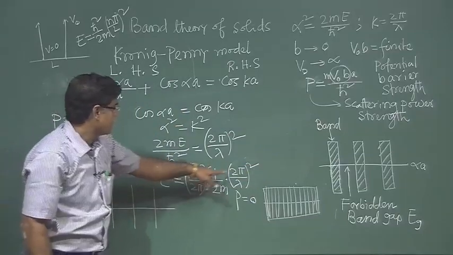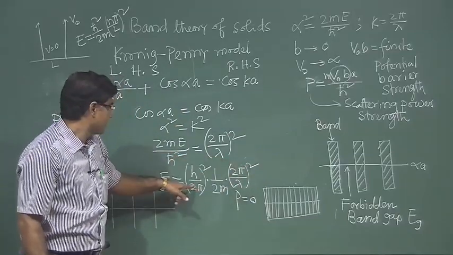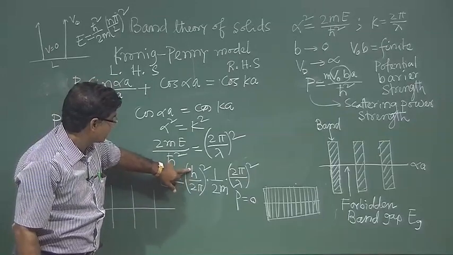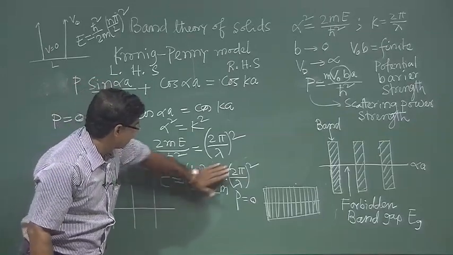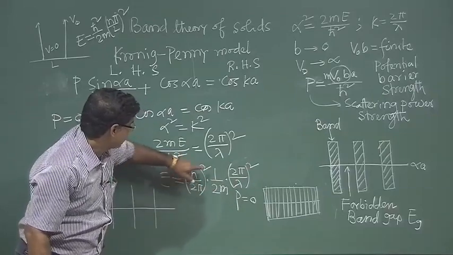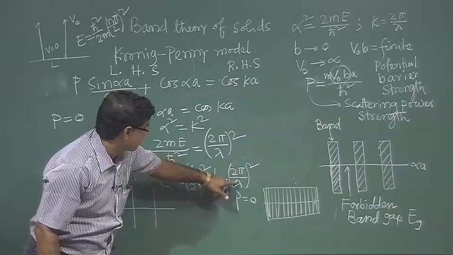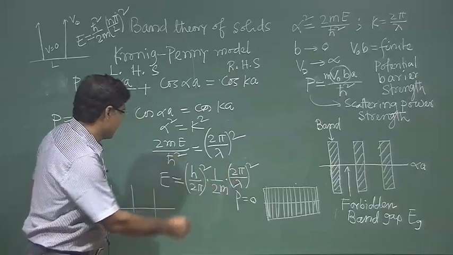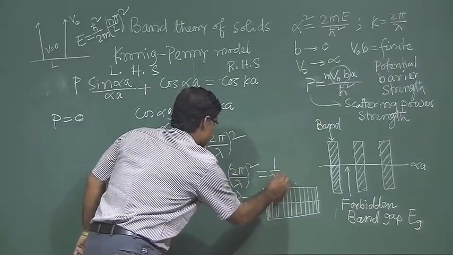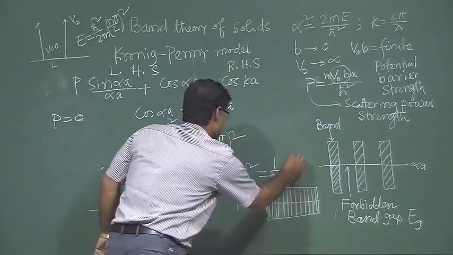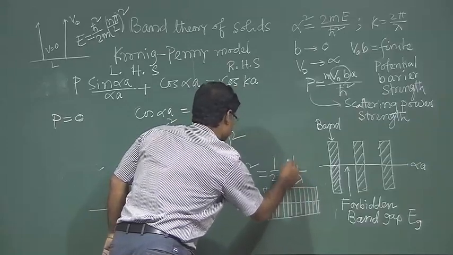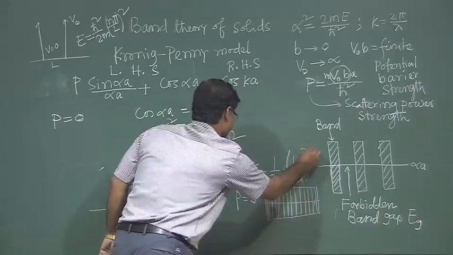So the 2 pi square will go, and I can write E equal to 1 by 2m into h by lambda whole square.